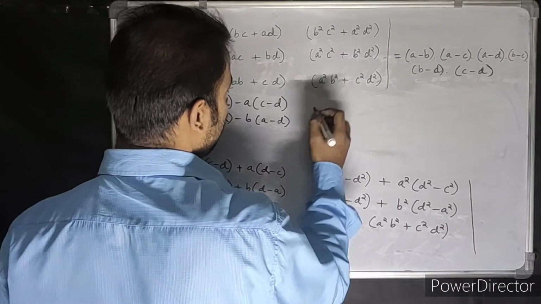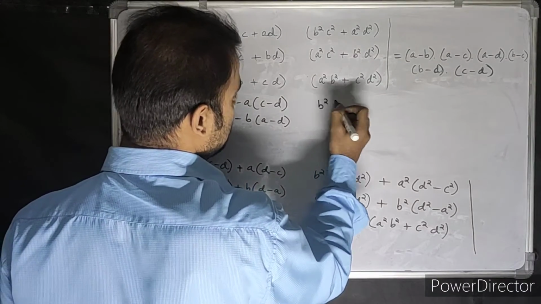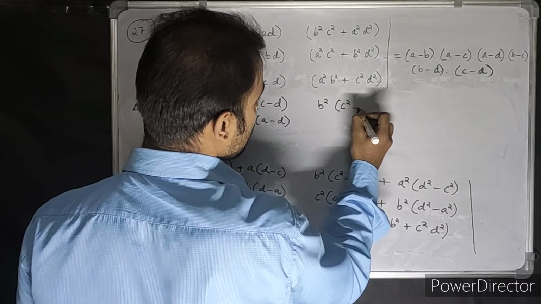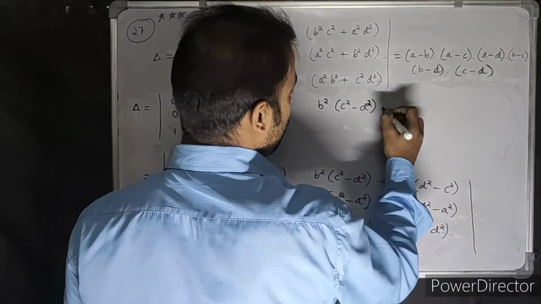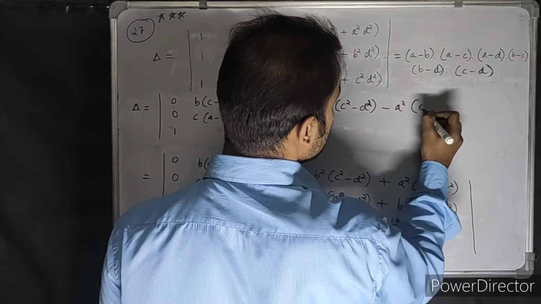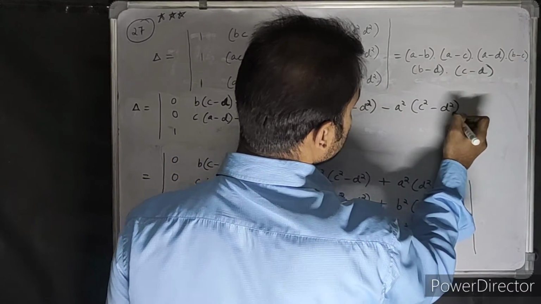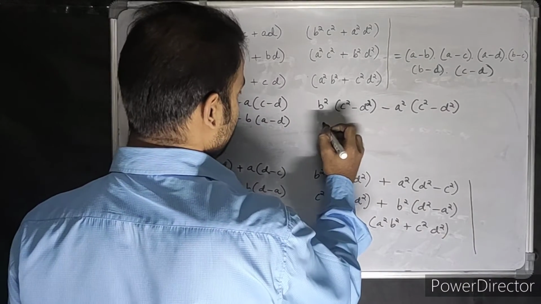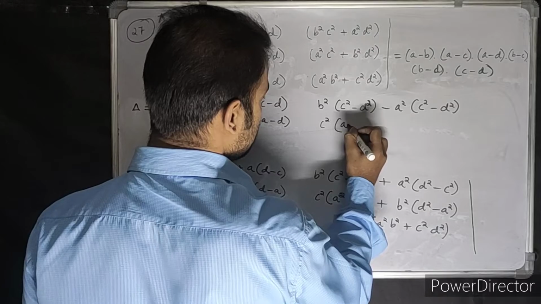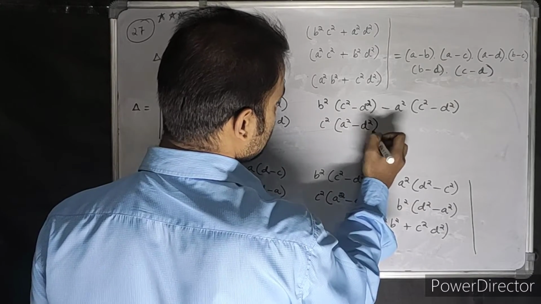Okay, from here, this is B square. This is C square minus D square. Okay, over here, minus A square. This is also C square minus D square. From here, what do you have to do? You have to write C square. This is A square minus D square.